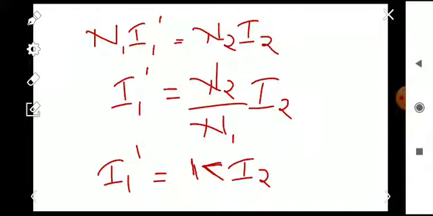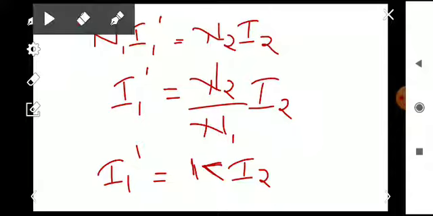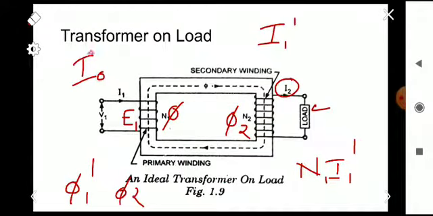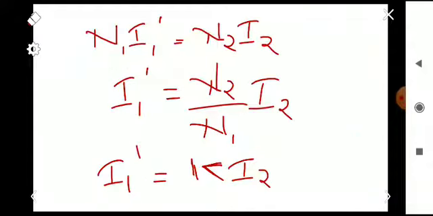If we neglect the no load current I0 compared to this I1 dash, the no load current I0 will be very, very small, so in some cases we can neglect it. In that case we can treat this I1 dash as I1.